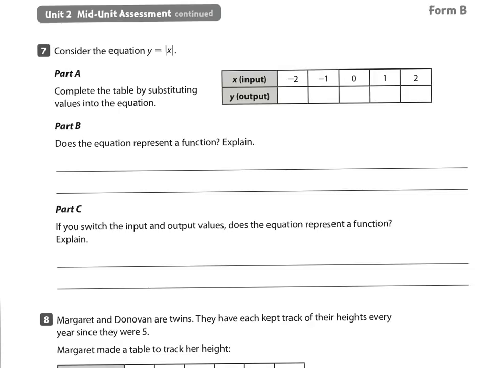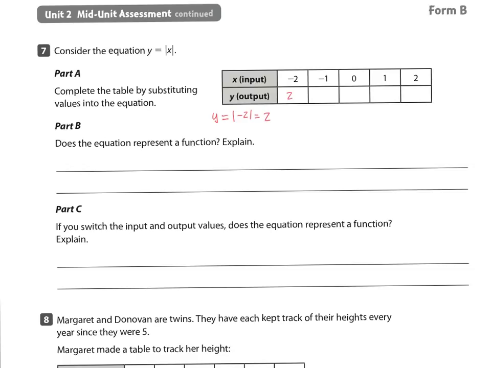So for this problem, it says complete the table by substituting values into the equation. The first thing that we're going to do is y is equal to the absolute value of -2. Since the absolute value is always the positive version of it, our answer is going to be 2.